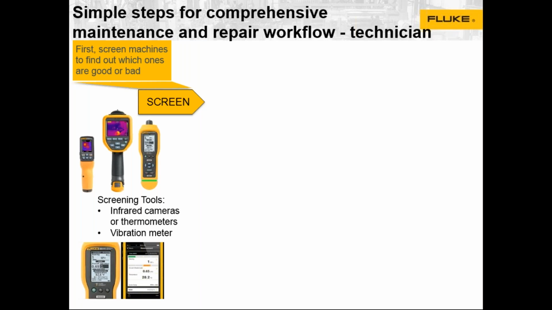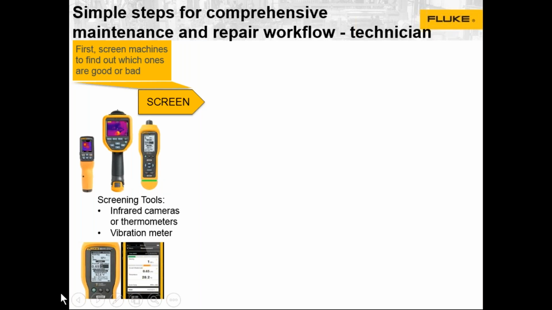You've got a plant you've got to keep running, so you need to quickly find answers. So the first step is to screen out what's good or bad. And we would screen out problems using things like vibration meters, infrared cameras and thermometers. So ways to quickly find out, is it good or bad?